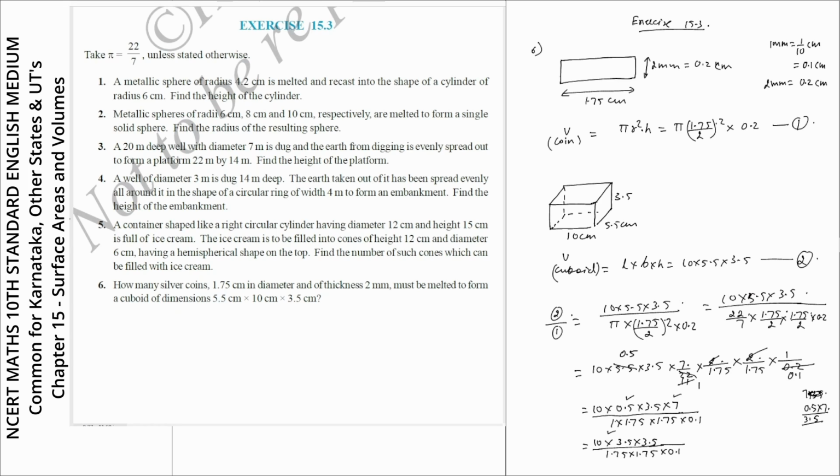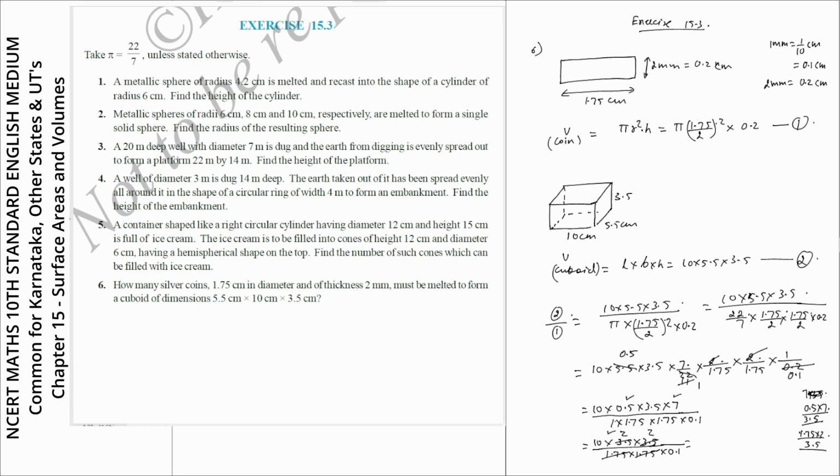So now you can notice one thing here, 1.75 into 2 is 3.5. 1.75 ones are 1.75, 1.75 twos are 3.5. Similarly here also 1.75 into 2 is 3.5.